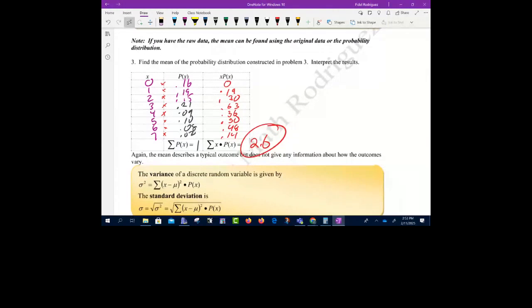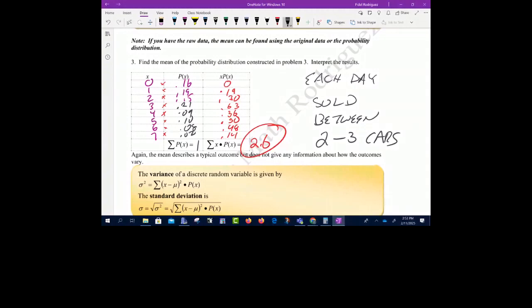Y'all remember, this person was selling cars. In those 100 days, on average, what we would say is each day they sold between 2 and 3 cars.